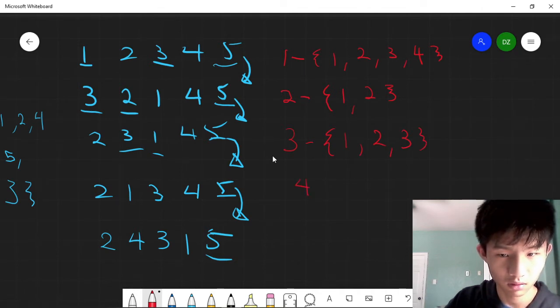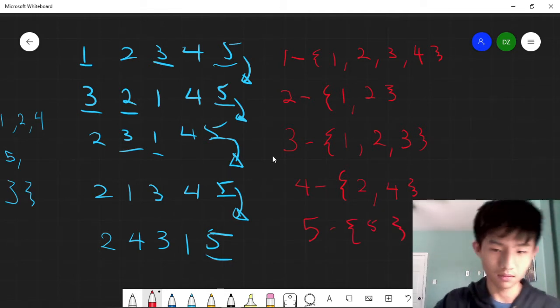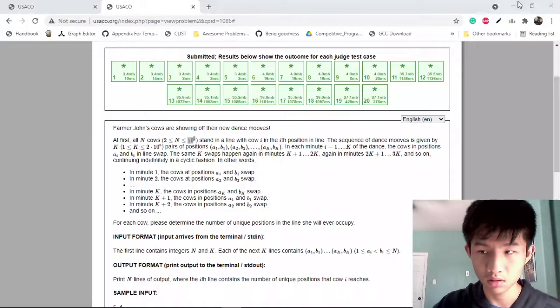And 4 reaches 2 positions. And 5 is just the same position, 5. So what's the pattern? Well, let's just check the answer real quick.